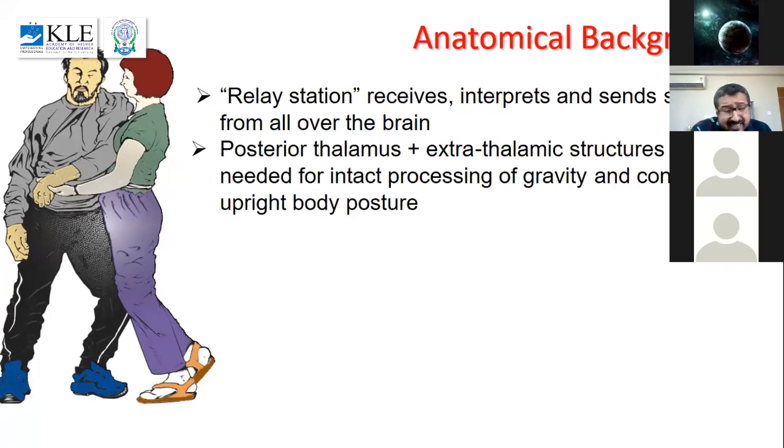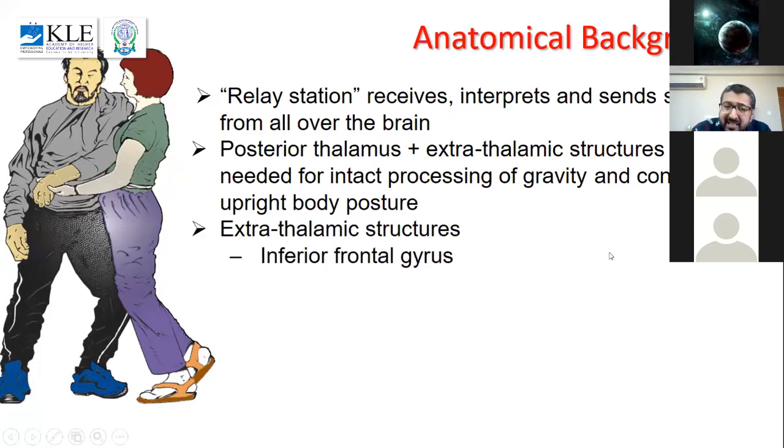Now, this posterior thalamus or posterior lateral thalamus, and also those extensions from there, are the main areas concerned with gravity as well as with controlling the upright posture. Now, when it comes to extra-thalamic structures, there are many. I'm not going much into that, but just a glimpse.